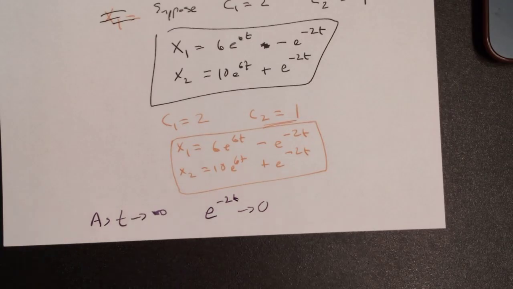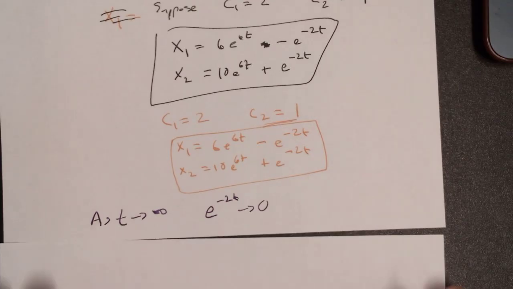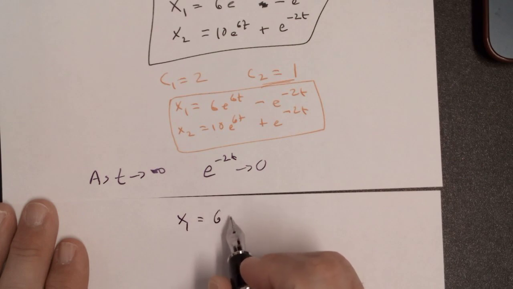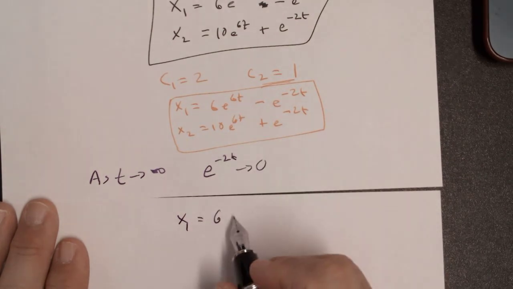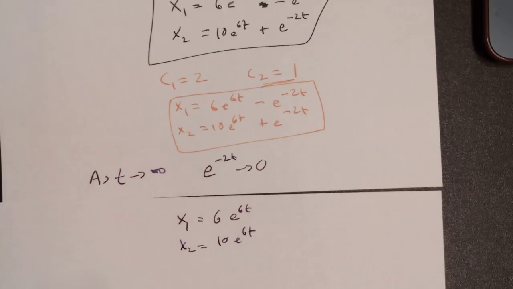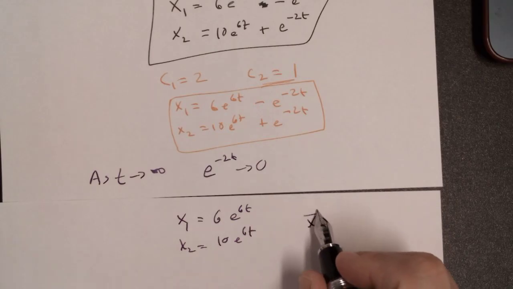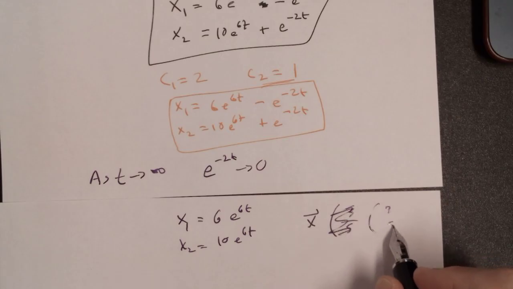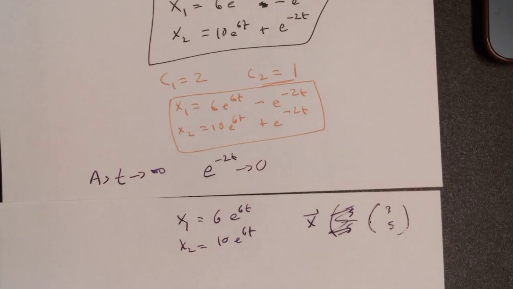And that means the e to the 6t is the part that's important, right? So I could really think of this as being x1 is 6 number and x2 is 10 number, right? When t is a large thing, these are the same, which really means, hey, you're somewhere out in that direction, aren't you?